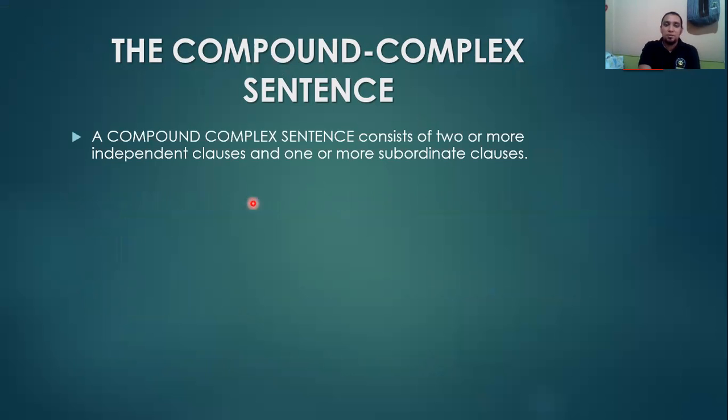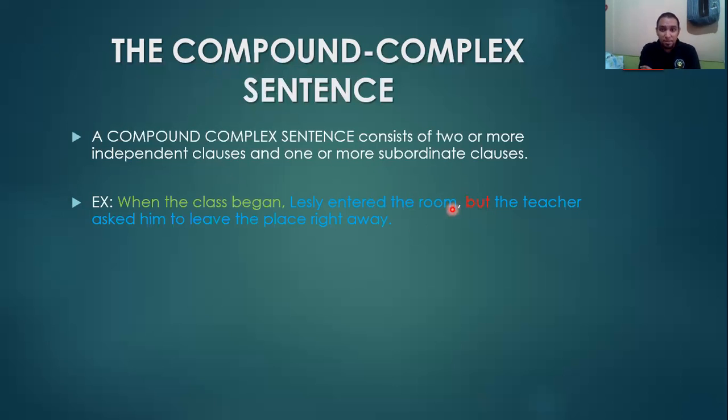For example, when the class began, Leslie entered the room, but the teacher asked him to leave the place right away. Just like compound sentences, I need a conjunction to divide them. The first clause is Leslie entered the room, the second is the teacher asked him to leave the place right away, and the subordinate one is when the class began.